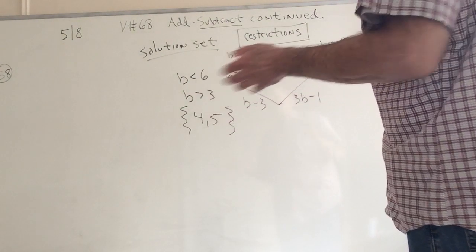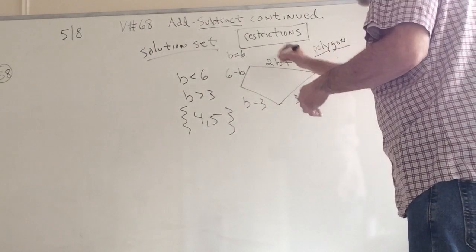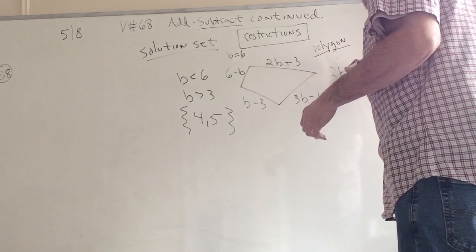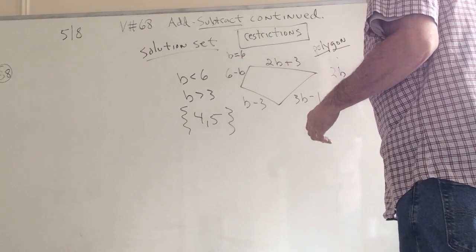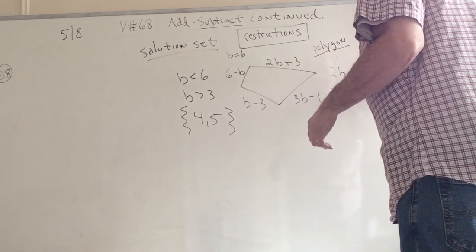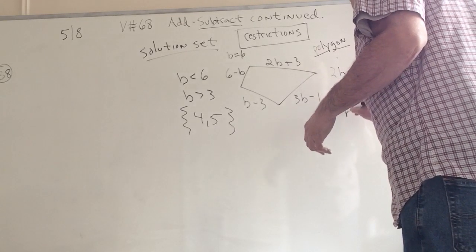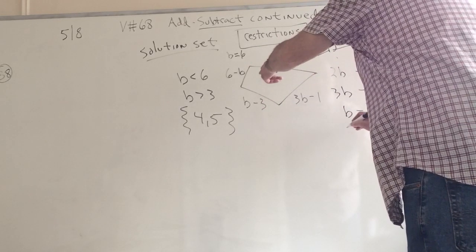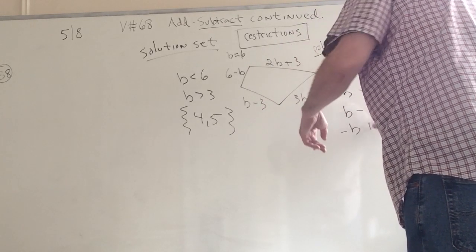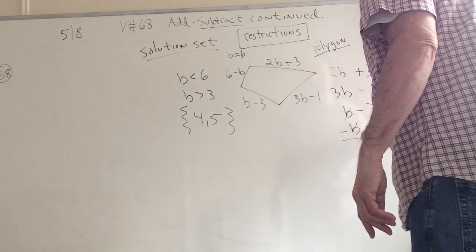So now if I go back and I say, what's the perimeter here? Well, I'll just start at the top and go clockwise. There's 2b plus 3. There's 3b minus 1. And there's b minus 3. And I got to put this backwards, remember guys? Plus 6. And now I get a more boring answer since these guys cancel.